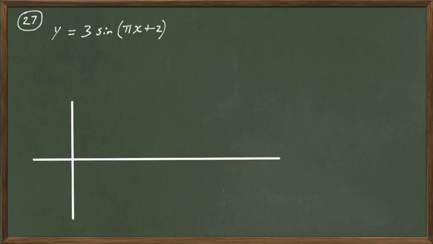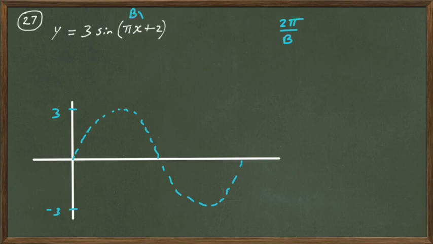Okay, after 25, we're going to go to 27. 27 is a sine wave, so I'm going to sketch a sine wave. It starts at the origin, comes down, and then back up. Amplitude is 3, so I mark it 3 and -3. Period is 2 pi over b. What is the b? Pi.